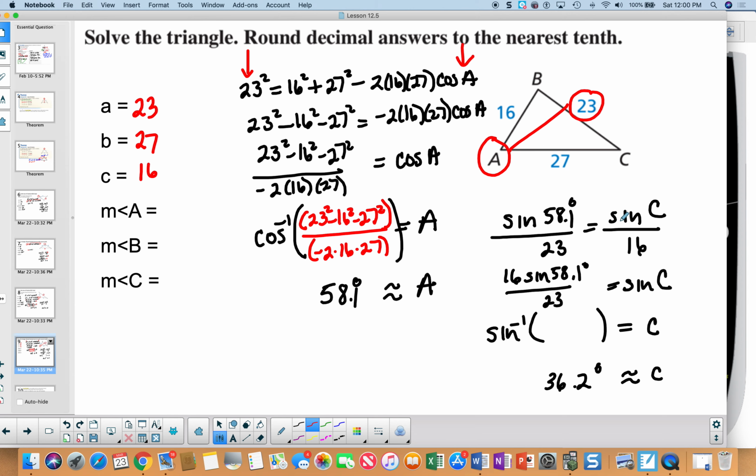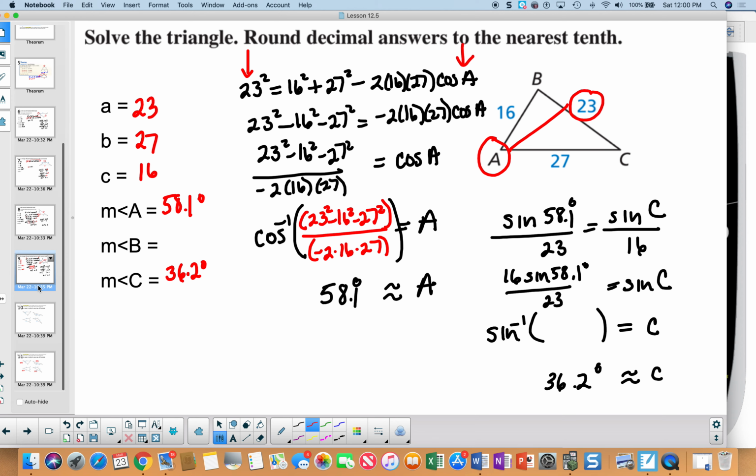Once I get this answer, I can find angle C and isolate sine of C, and then isolate C by putting all of this inside the parentheses. And so our A was 58.1 degrees. C is 36.2 degrees, and I'm going to assume you can figure out angle B.